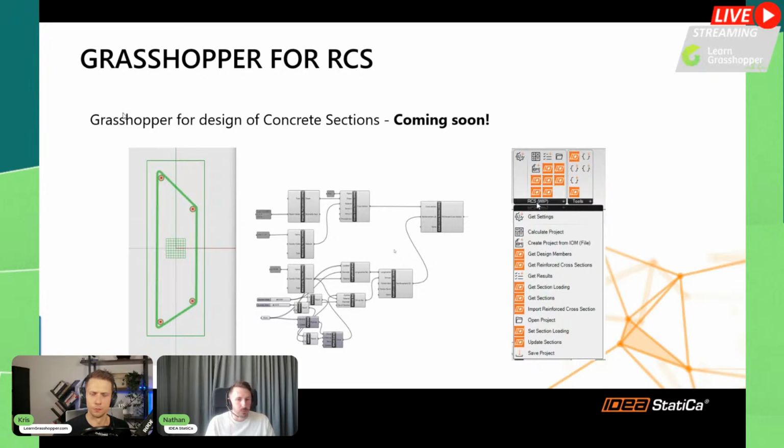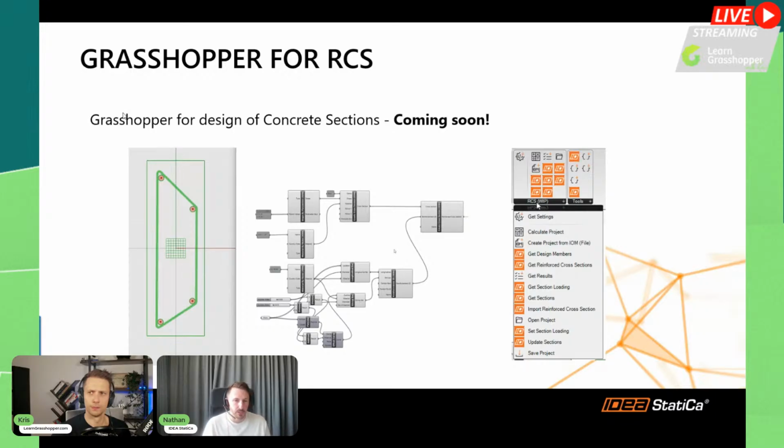And just to let people on the call know, we are also working on an RCS plugin. We also have a REST API for RCS, our reinforced concrete section application. We are working on that at the moment.